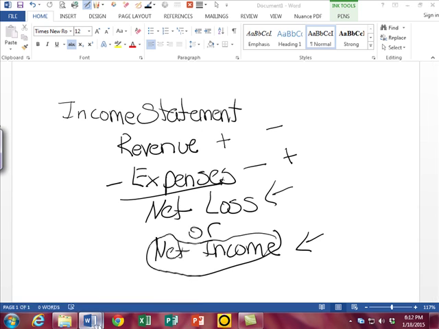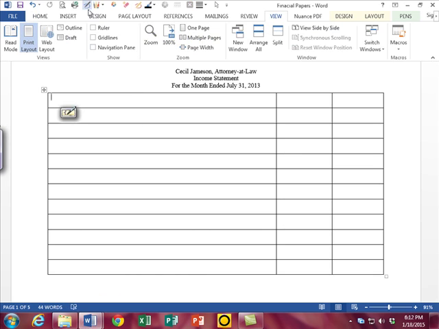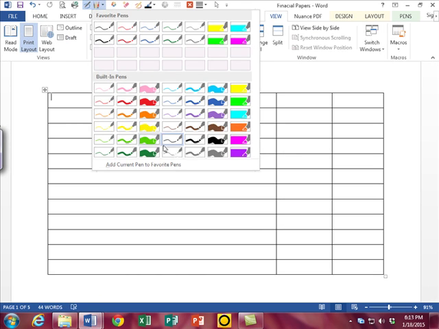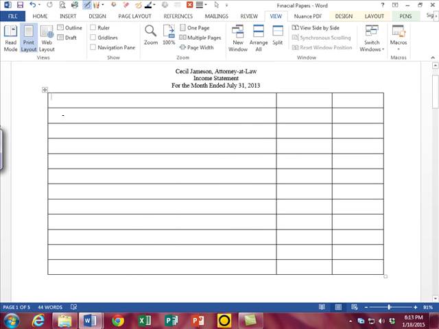Let's see how this applies to Mr. Cecil's company. When building the financial statement, after we put the title in, the first thing we start with is revenue. In this particular company, there's only one revenue account, called fees earned. We start all the way at the left-hand side and write in fees earned.